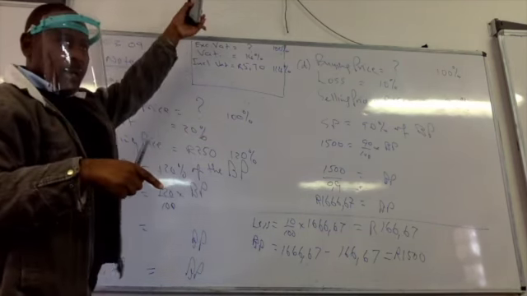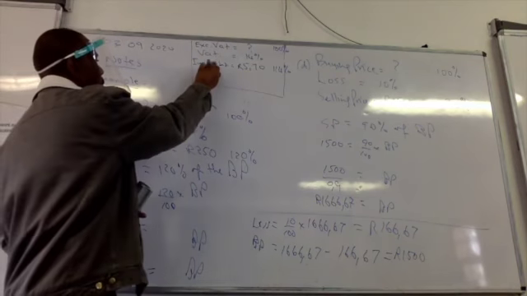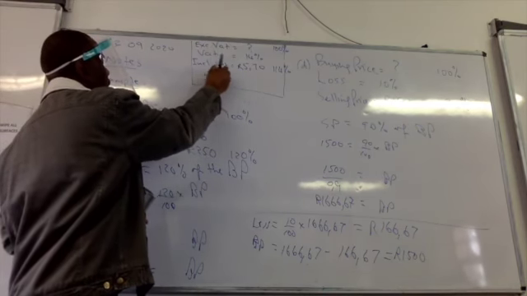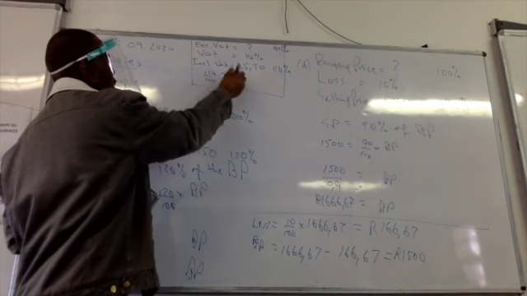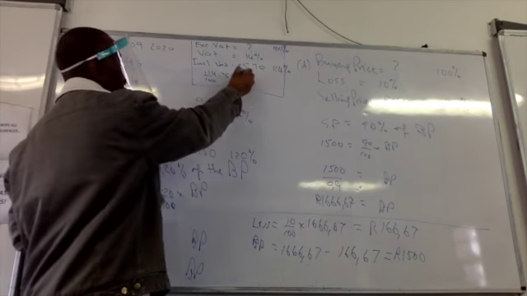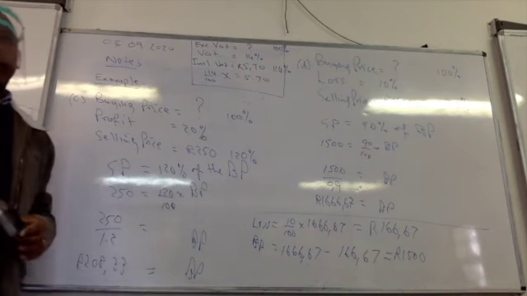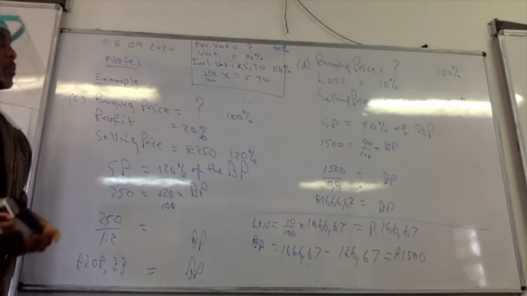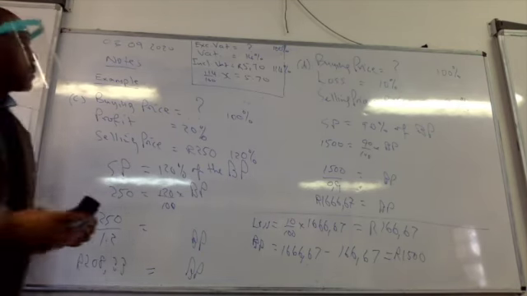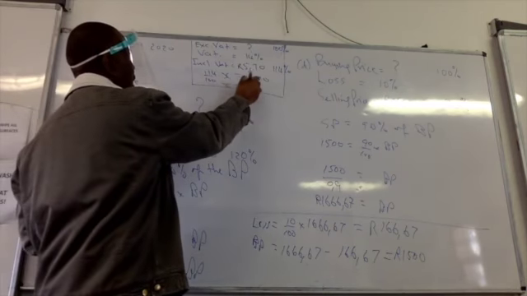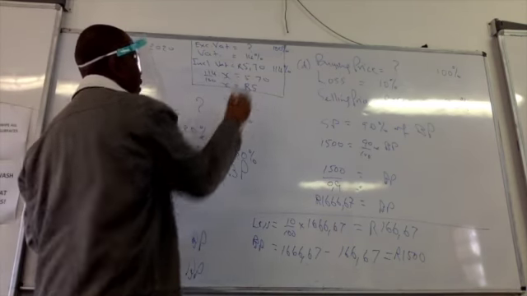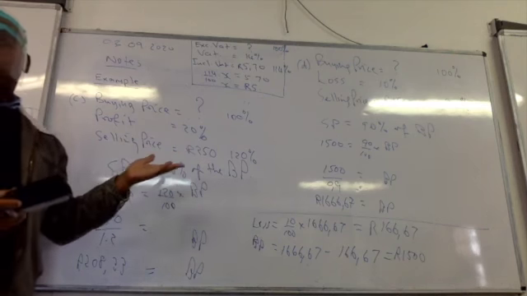Of the original, right? So 114% of the original, which we said was X, must be equal to the 570. If you rearrange that, then you get your answer, the same way we did. So it is the same concept that we are applying.